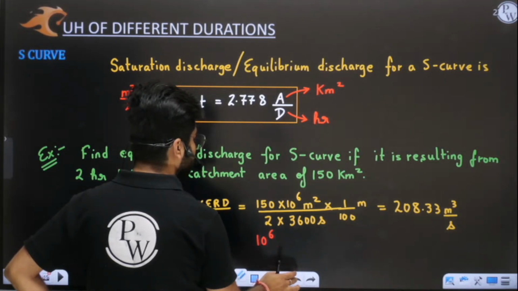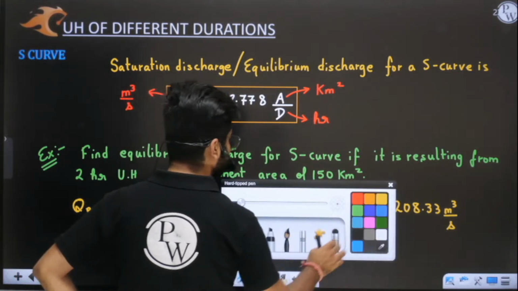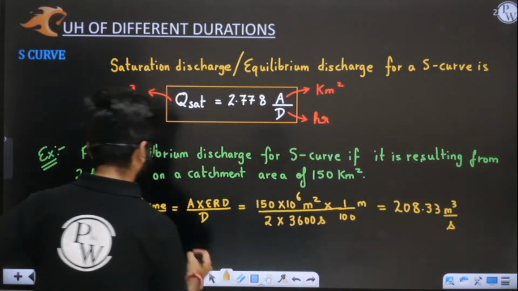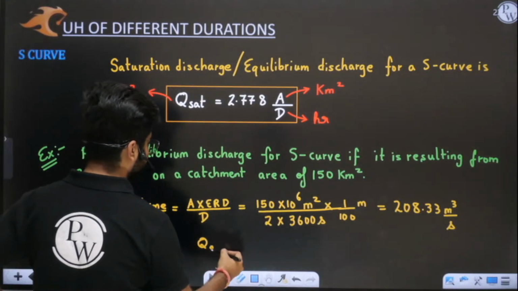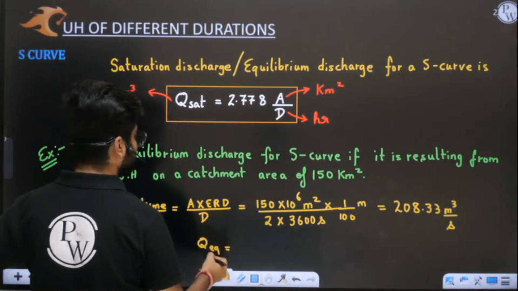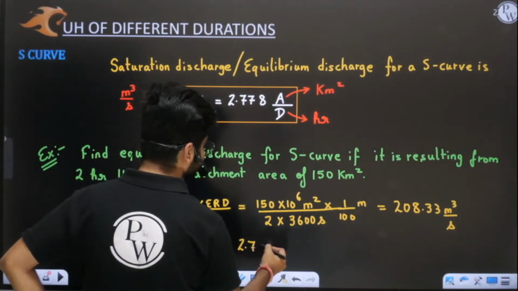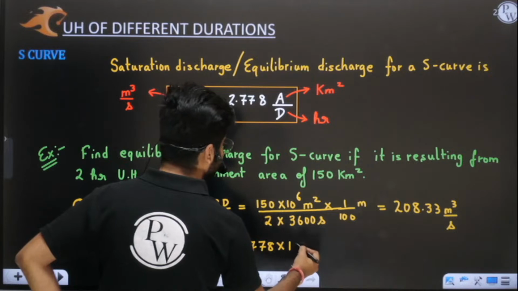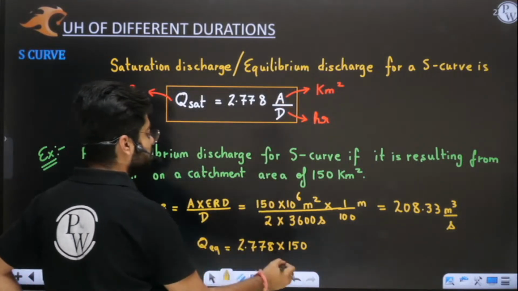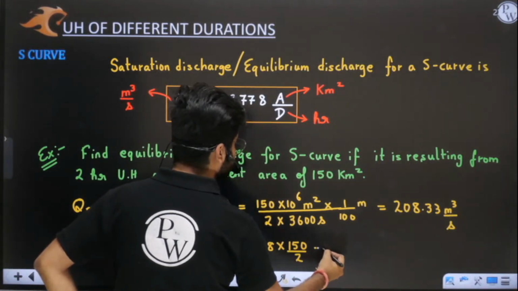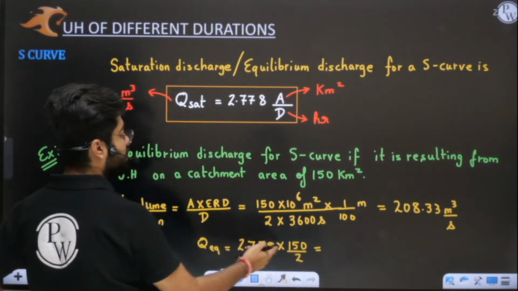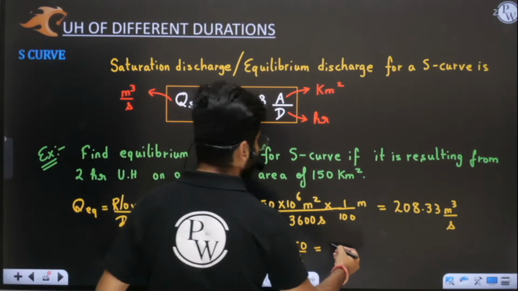It's up to you. If you want to solve it using the trick, for equilibrium discharge you simply write 2.778, directly write the area in kilometer square, 150, and put the duration in hours. So 75 multiplied with this will be equal to 208.33.